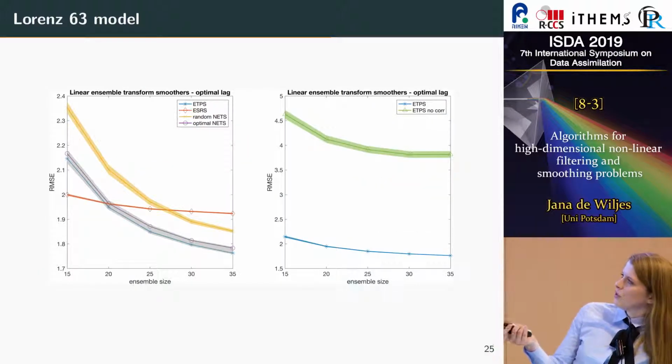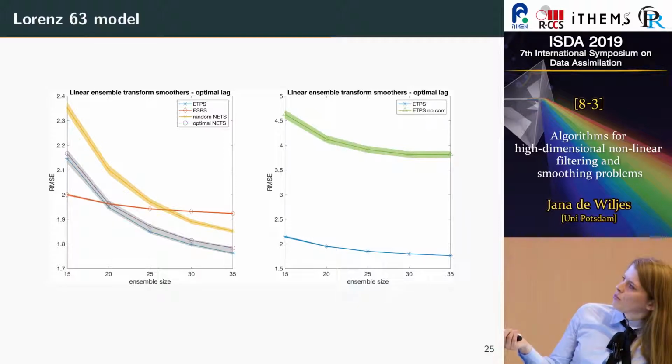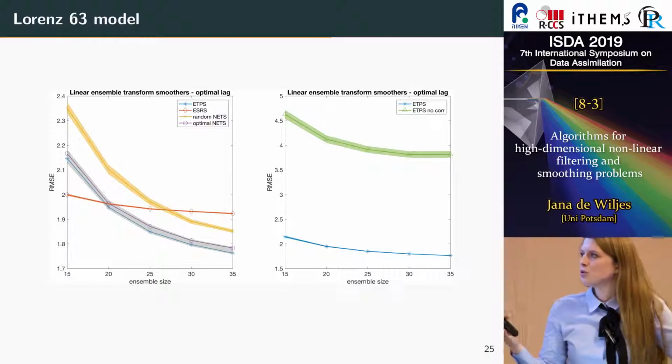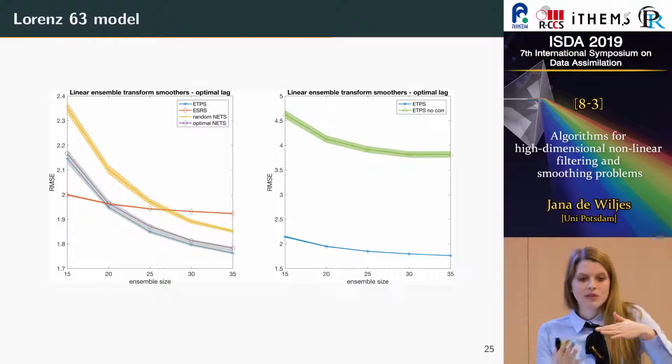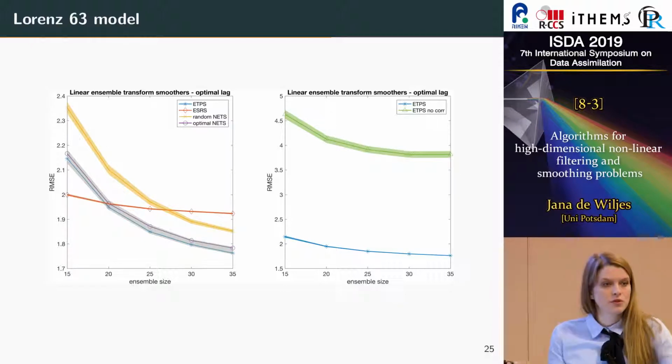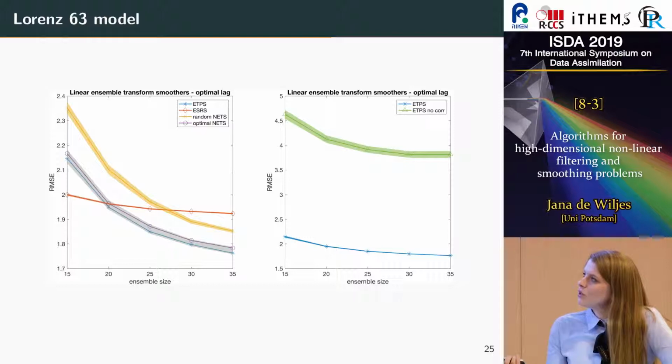We looked at it for the Lorenz 63. And it really improved the original ETPS we had, because the ETPS was the one that is consistent, and it was also significantly underestimating the spread, so those kinds of tools really help, as you can see here. And you can also do an optimal rotation.